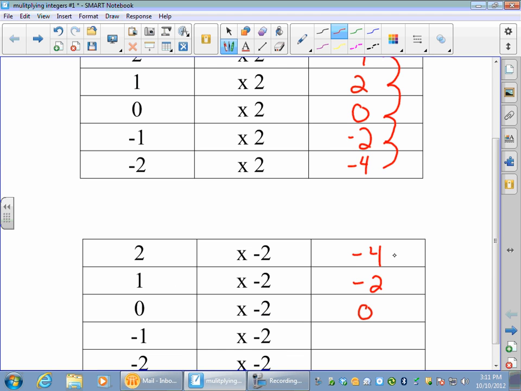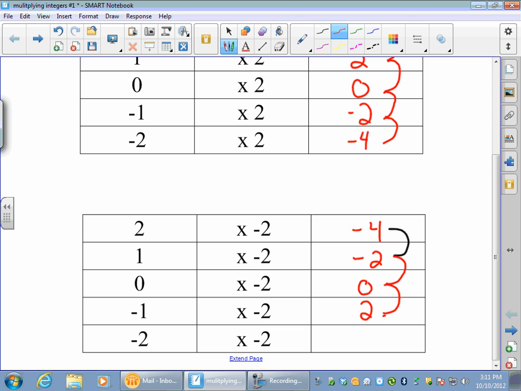And again, now I can use this pattern. Now it's going up by 2. If I kept that pattern going, I go up by 2 again, I have 2. And if I go up by 2 again, I have 4. So negative 1 times negative 2 is positive 2, and negative 2 times negative 2 is positive 4.